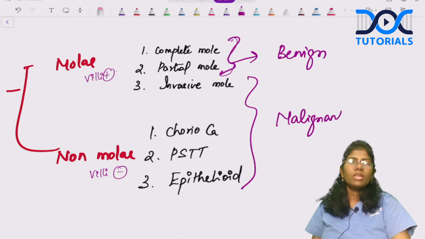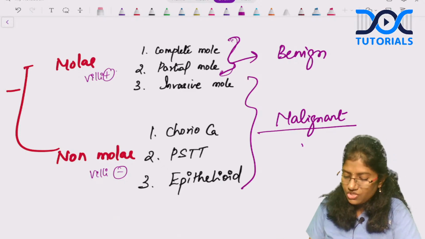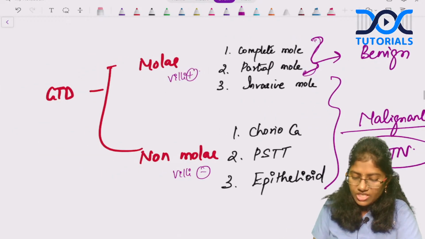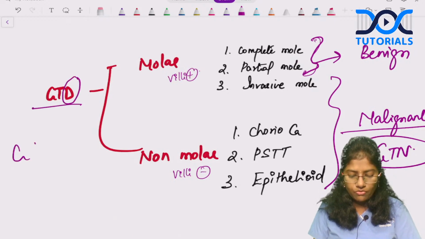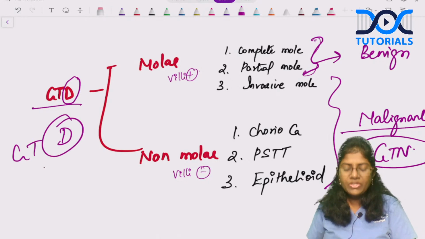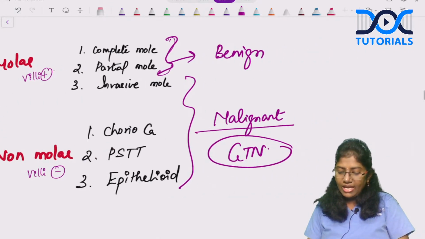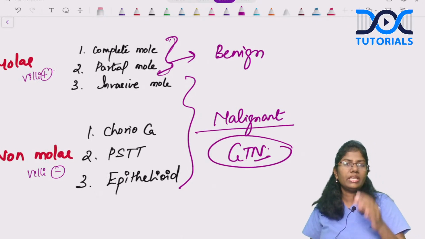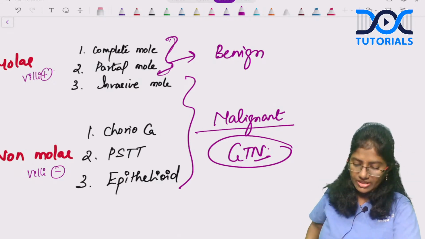Malignant varieties only are called gestational trophoblastic neoplasia. In common, they are all called gestational trophoblastic diseases. If you see D here, diseases, it includes both benign and malignant. But if you see N here, neoplasia, it includes only malignant varieties, and four are there: invasive mole, choriocarcinoma, PSTT and epithelioid.